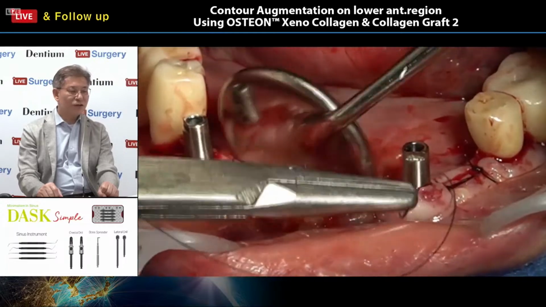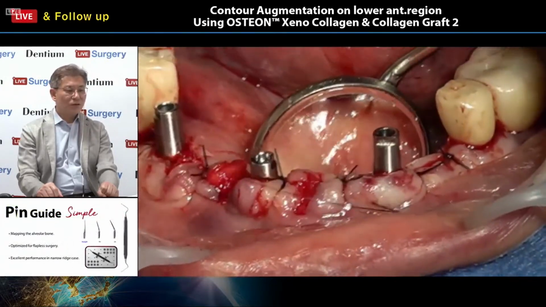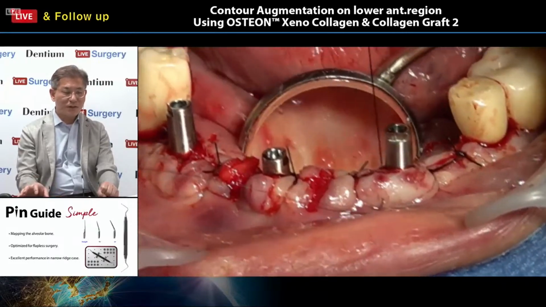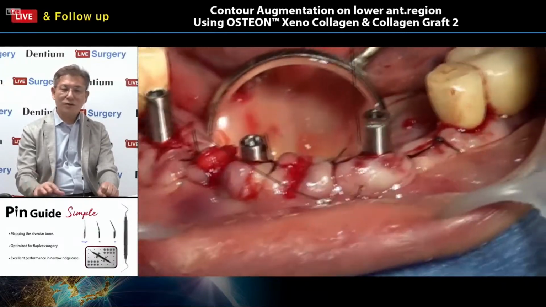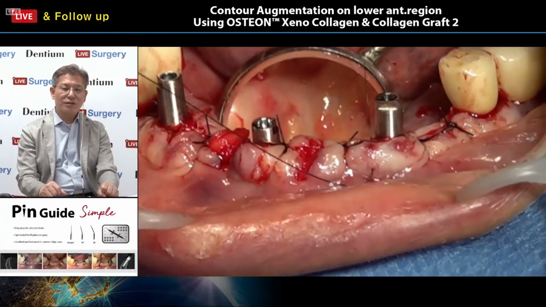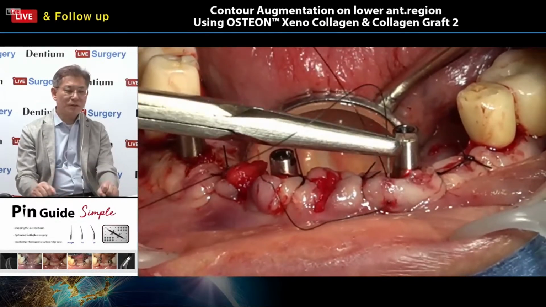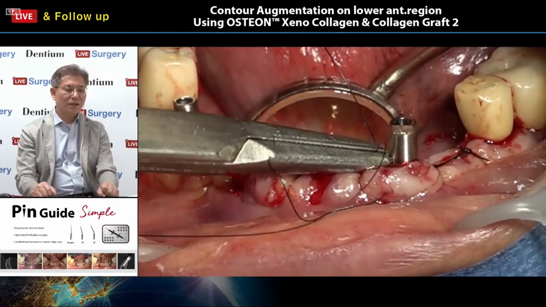Okay, the sutures are almost done. As you know, interrupted sutures first, and then horizontal mattress sutures or cross sutures will be applied for intimate flap closure, right?